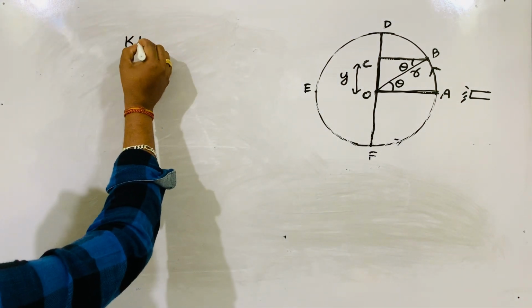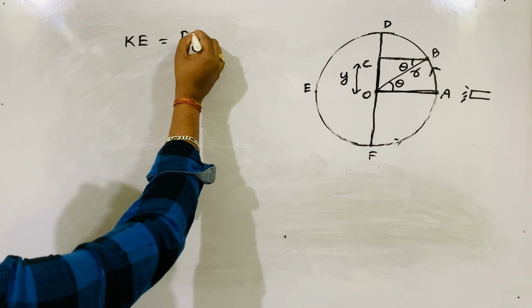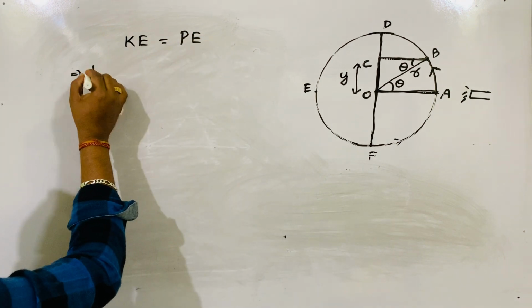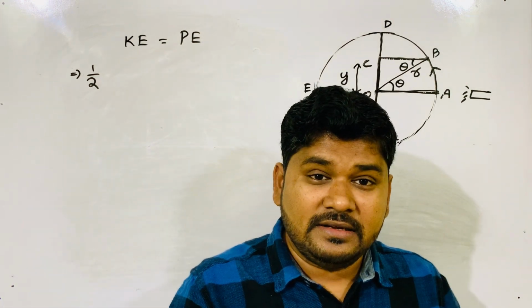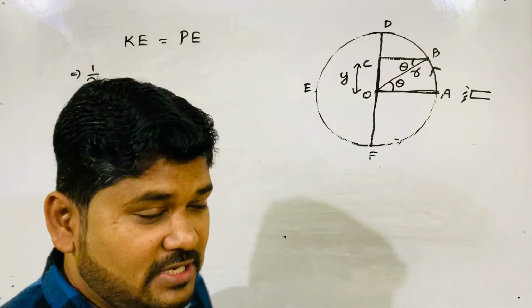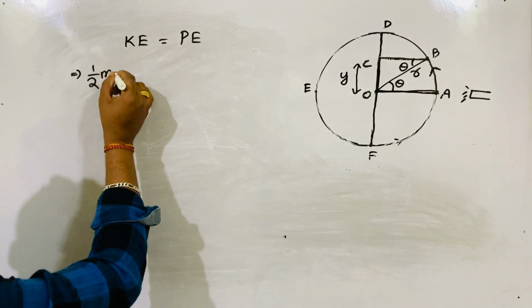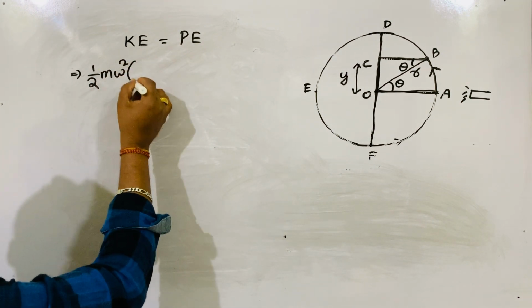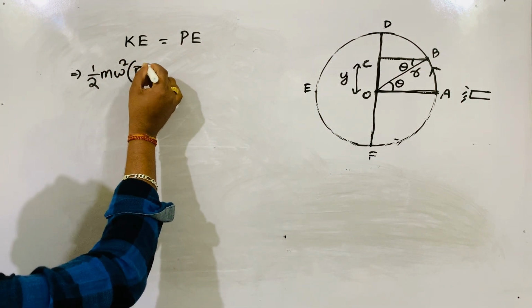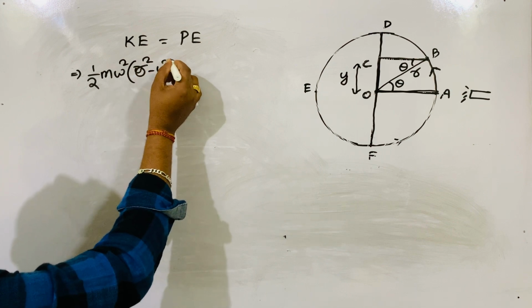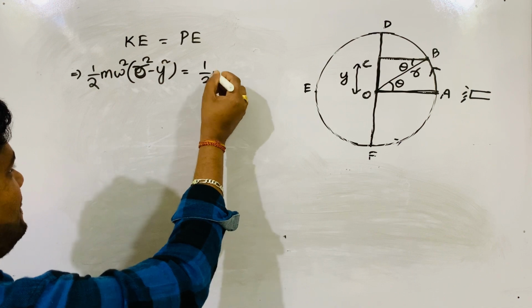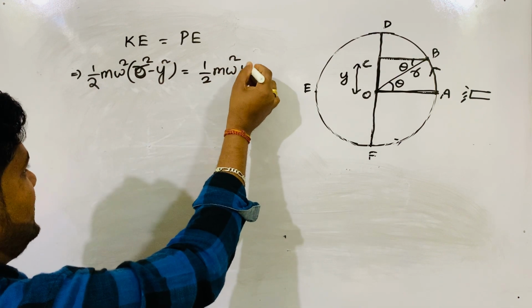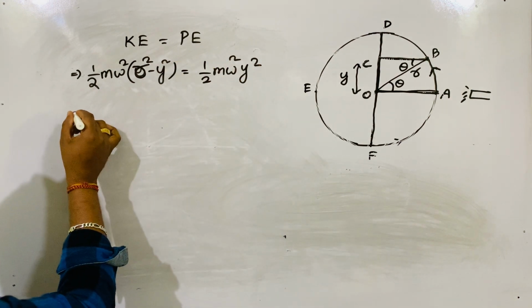Kinetic energy is equal to potential energy at which position? Always remember, if you remember the formula, you can solve all numericals. Kinetic energy is half m omega square, r square minus y square. Just recall, potential energy is half m omega square y square.